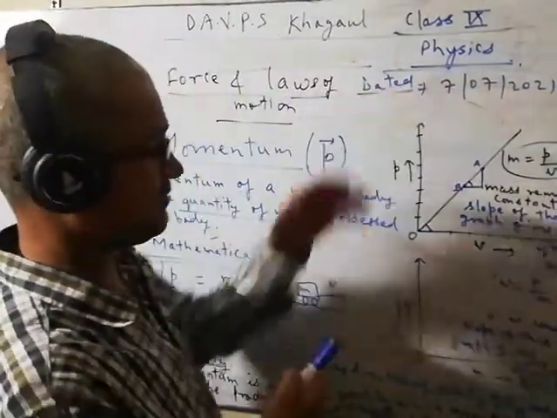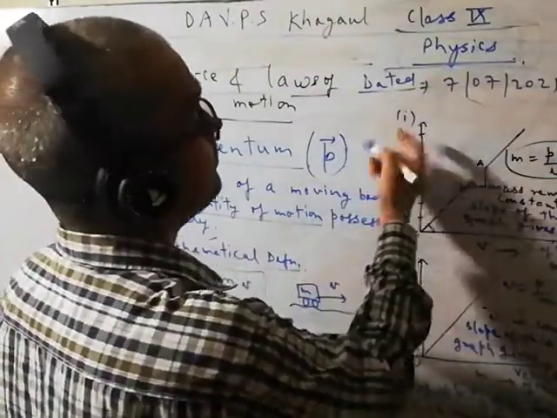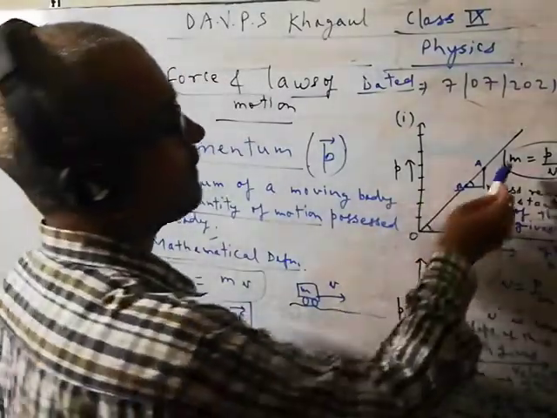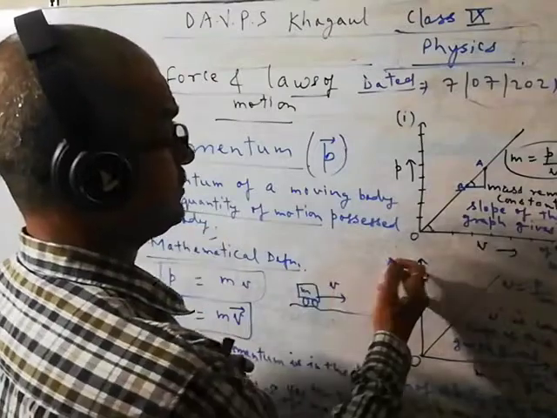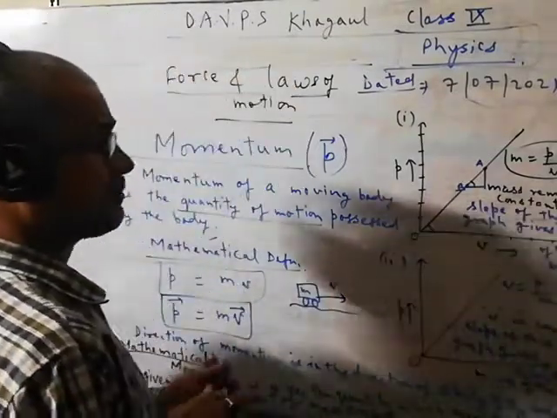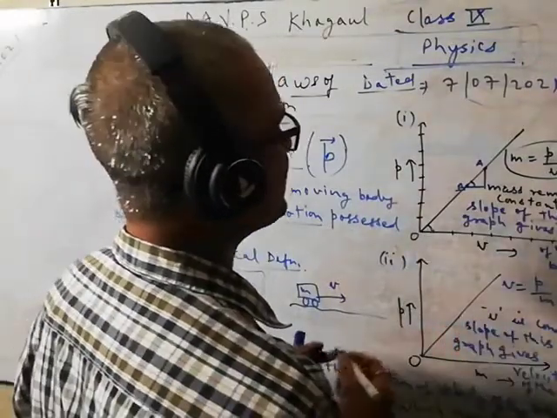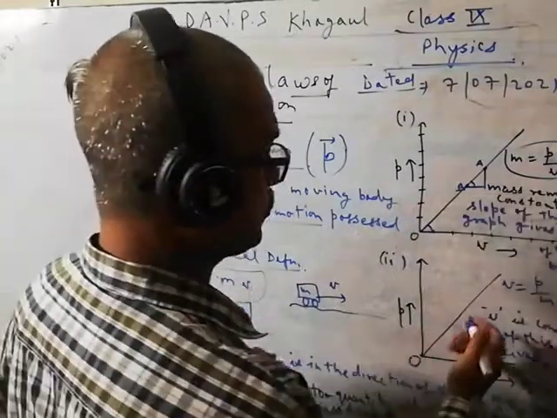In the first graph, the slope gives the mass of the body, and in the second graph the slope gives velocity.